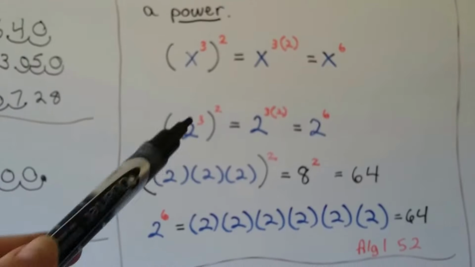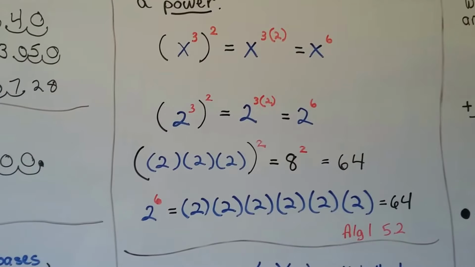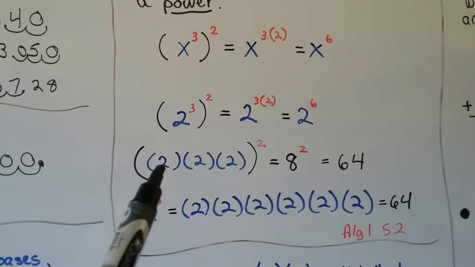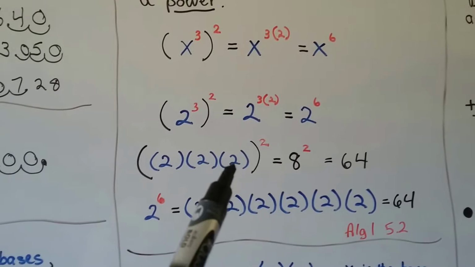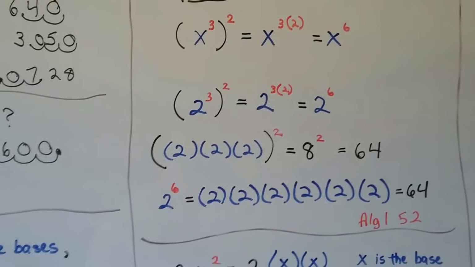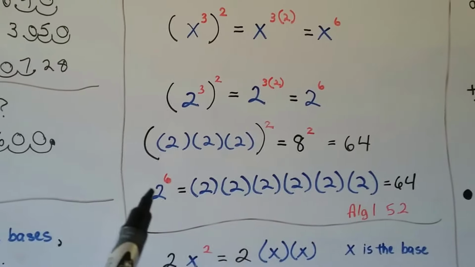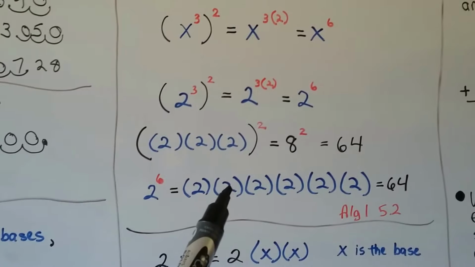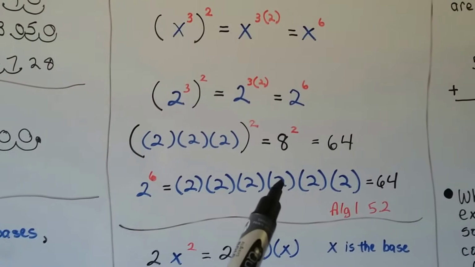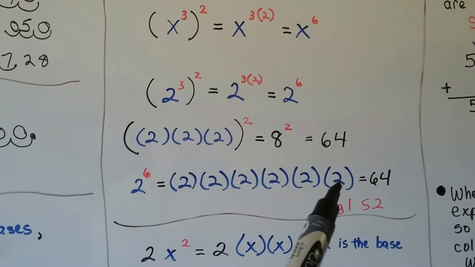So basically what we're doing is, this 2 to the 3rd is 2 times 2 times 2, isn't it? 2 times 2 is 4, 4 times 2 is 8, so really we're saying 8 squared, which is 64. And if we do 2 to the 6th power, which we said it equals, 2 times 2 is 4, times 2 is 8, 8 times 2 is 16, 16 times 2 is 32, 32 times 2 is 64.